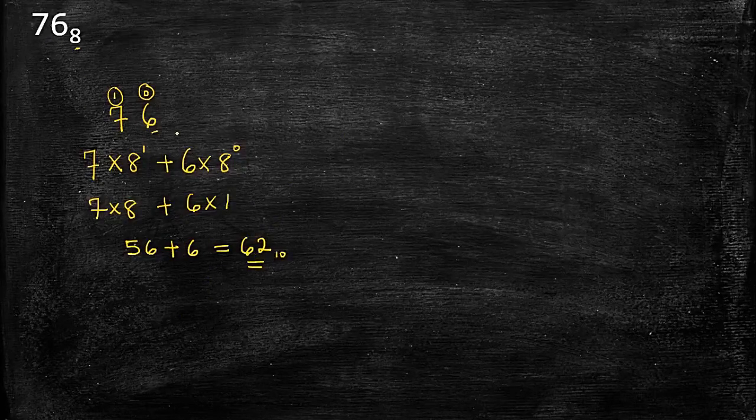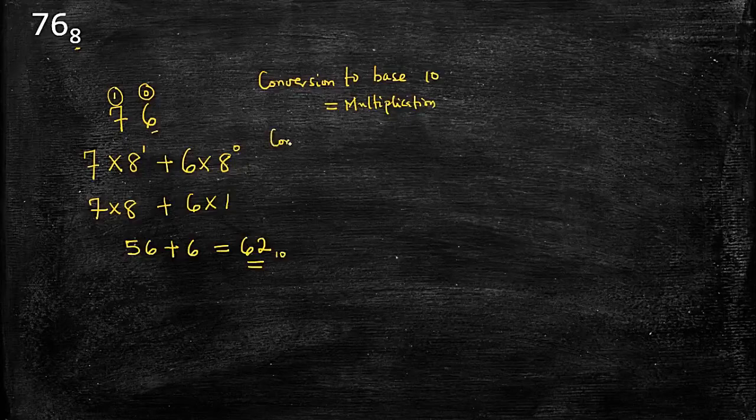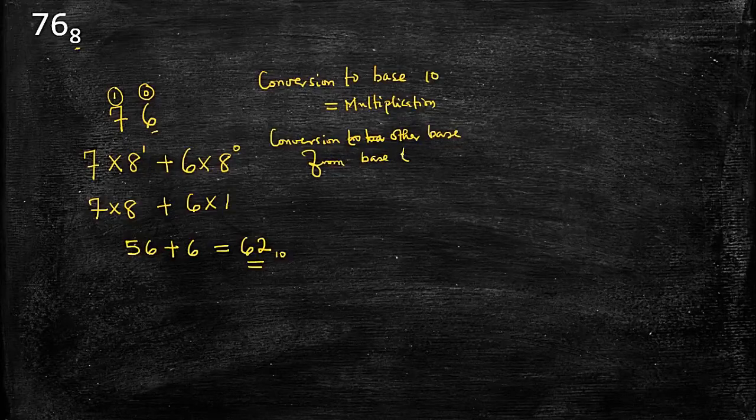In summary, conversion to base 10 uses multiplication, and conversion to another base, if we are converting from base 10, uses the long division method.